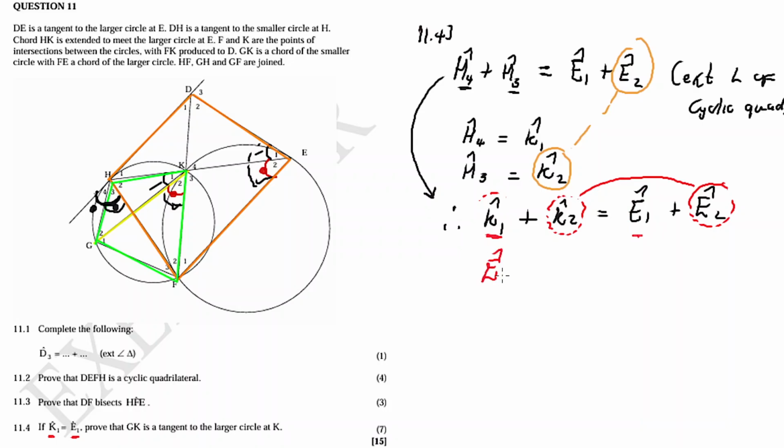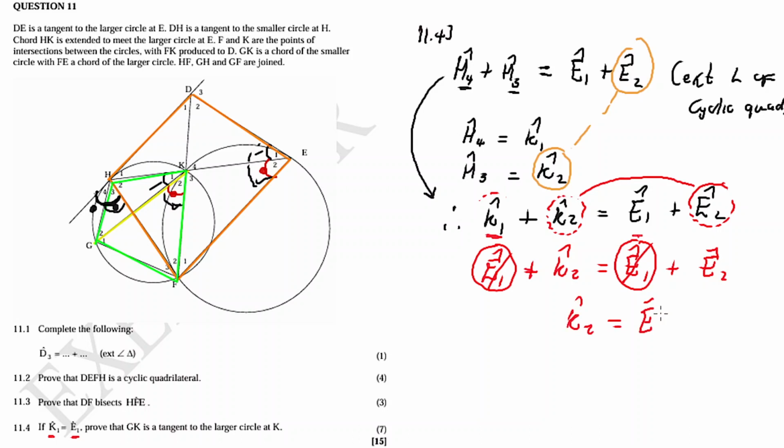Instead, I'm going to replace K1 with E1, so K1 plus K2 equals E1 plus E2. We have two equal terms which will cancel, whether I transpose to the left or to the right. I'm left with K2 equal to E2. Voila.